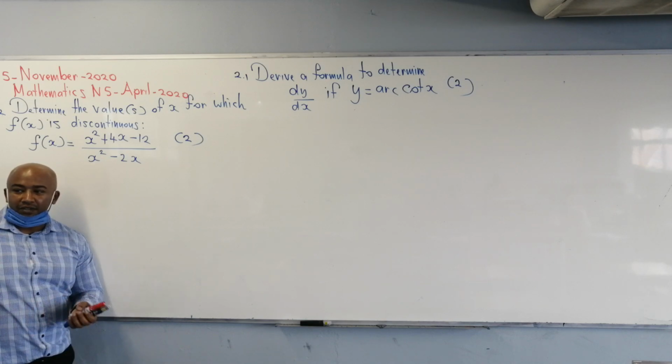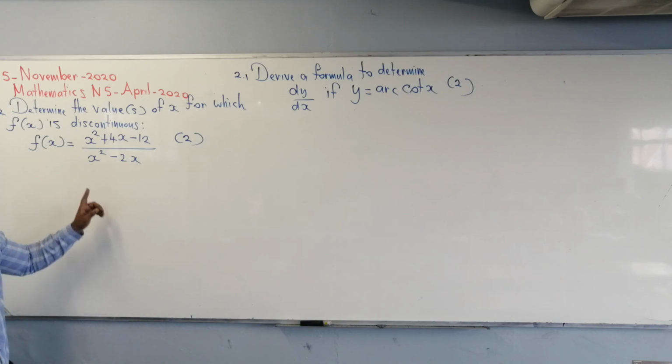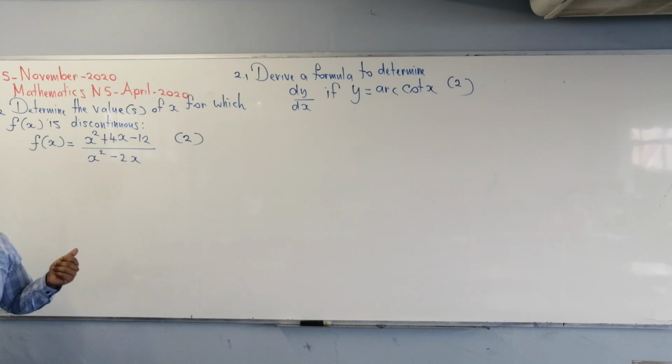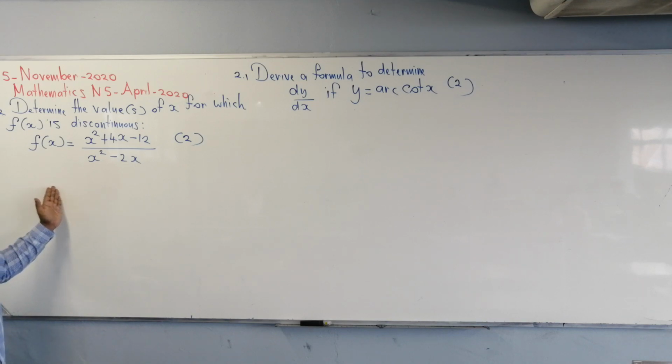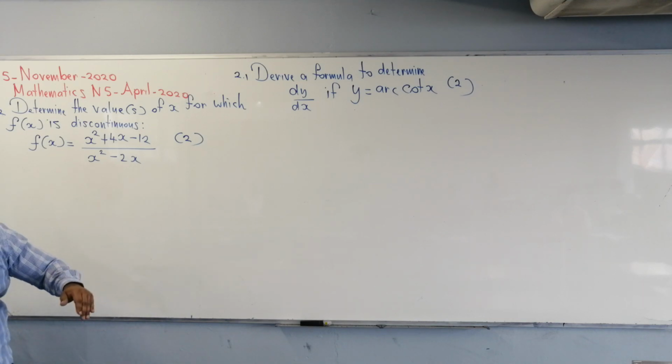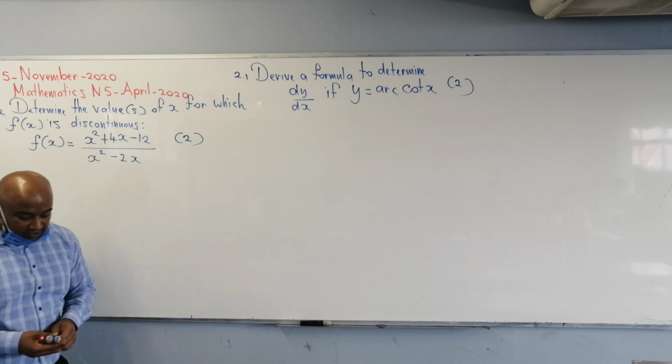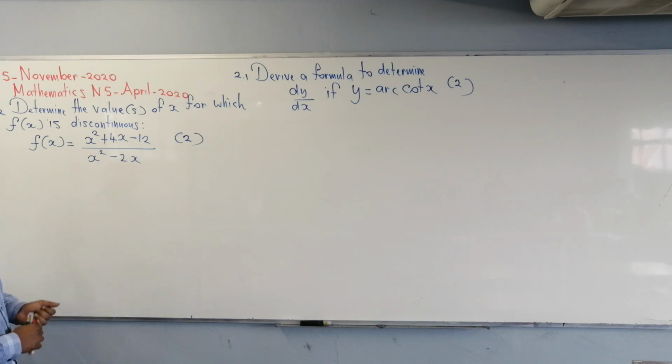If you divide by what number, will it be undefined? 0. So we cannot divide by 0. So the denominator must not equal 0. So in order for this graph to be continuous, it will be continuous for every single value except the values that make this denominator equal to 0. And that is the theory for this one.